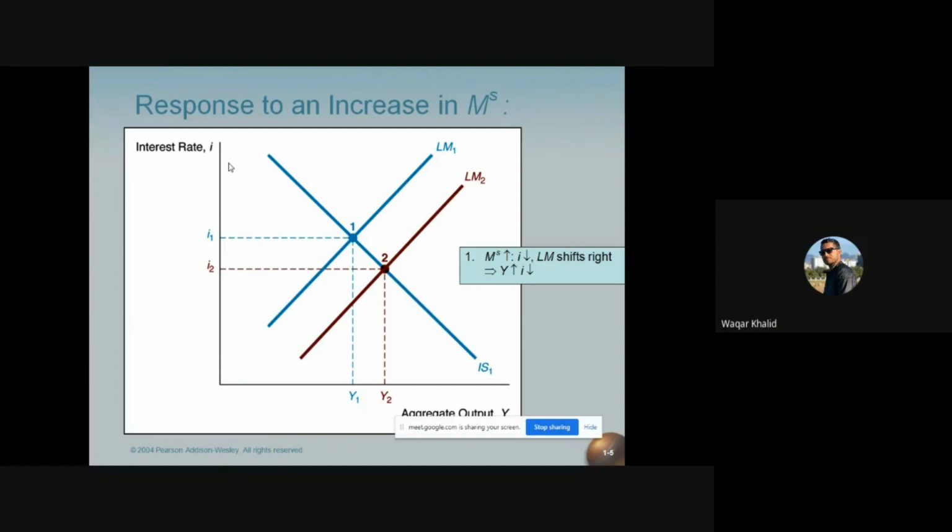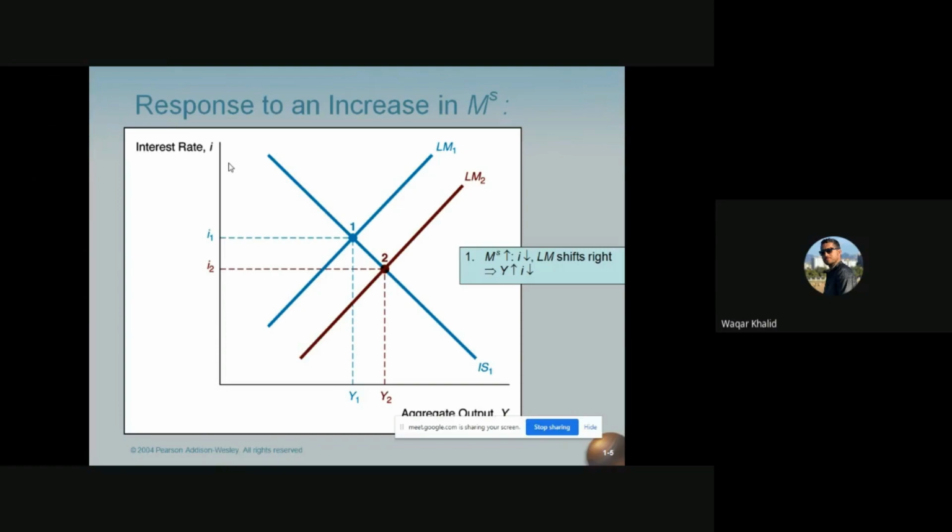As in the previous chapter, we discussed that there is a negative relationship between the interest rate and investment spending, and similarly a negative relationship between the interest rate and net exports. That's why investment spending and net exports rise, which in turn raises aggregate demand.